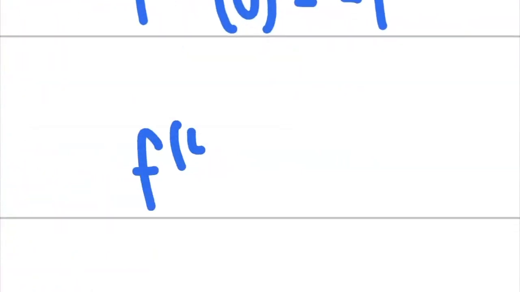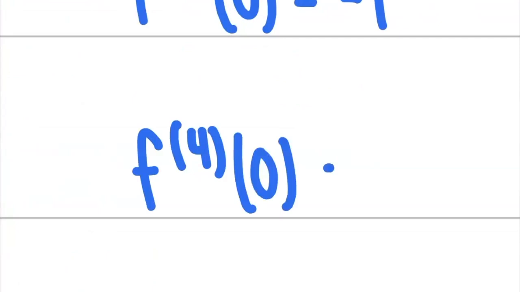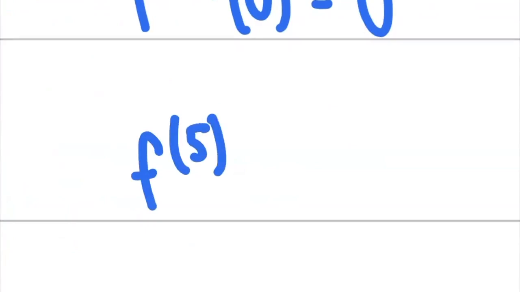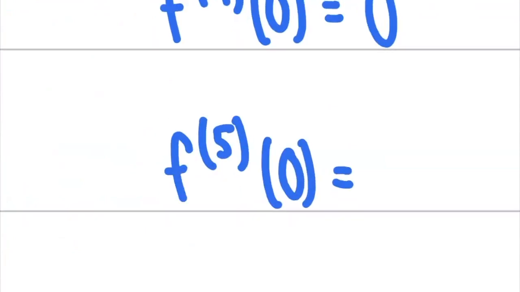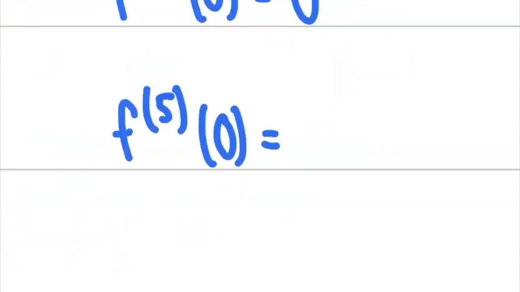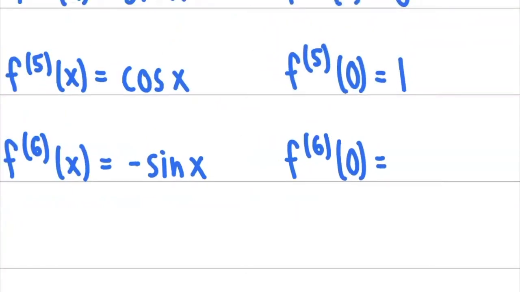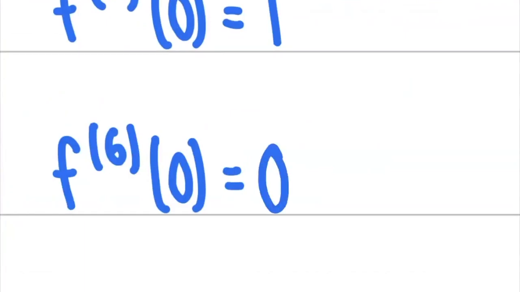And then the fourth derivative at 0, that's sine of 0, which is 0. The fifth derivative at 0 is cosine of 0, which is 1. And lastly, the sixth derivative at 0 is negative sine of 0, which is 0.